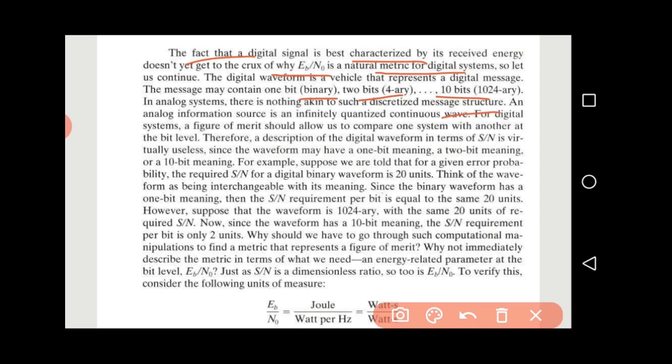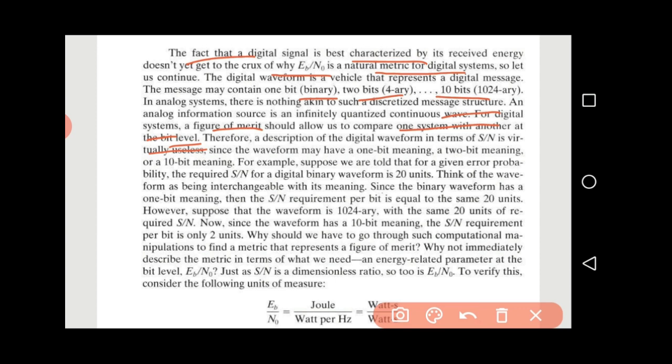An analog information source is an infinitely quantized continuous wave. For a digital system, a figure of merit should allow us to compare one system with another at the bit level. Therefore, a description of the digital waveform in terms of signal to noise ratio is virtually useless, since the waveform may have a 1 bit meaning, a 2 bit meaning or a 10 bit meaning.